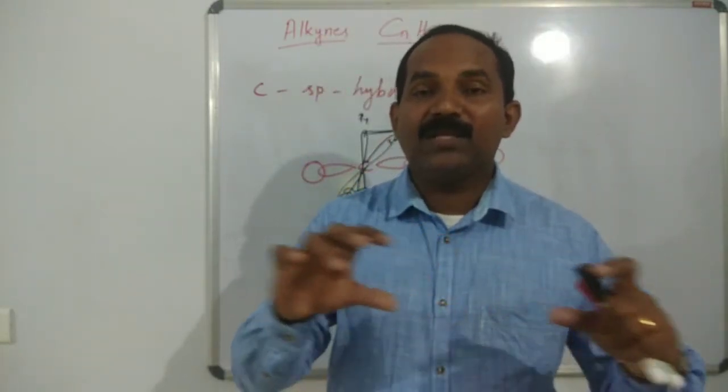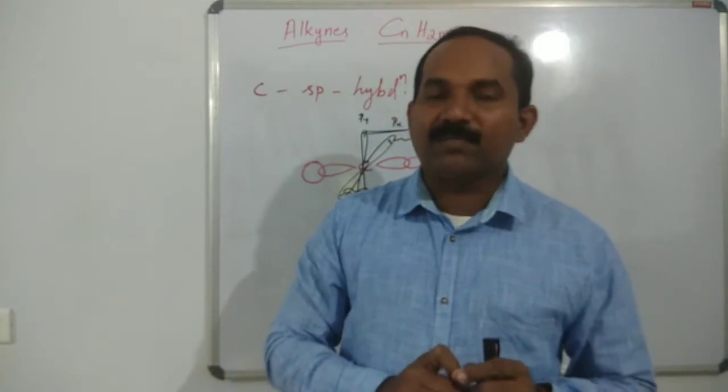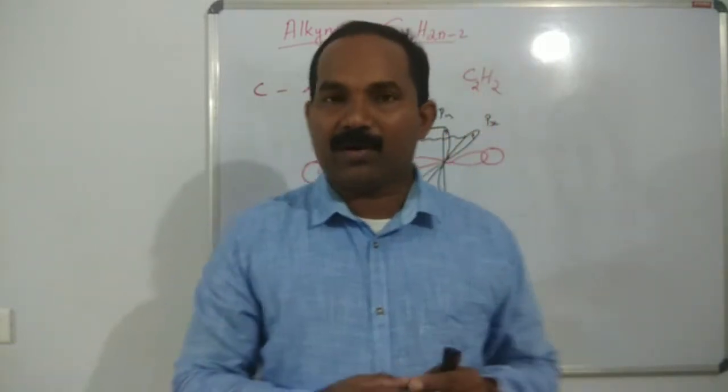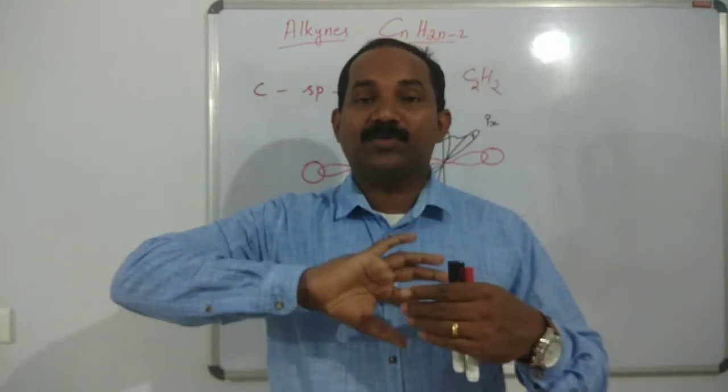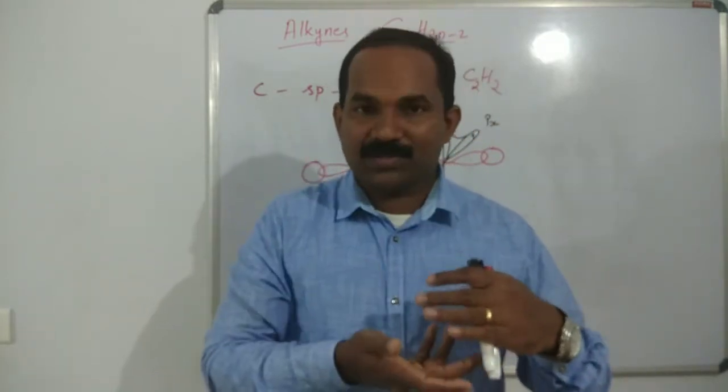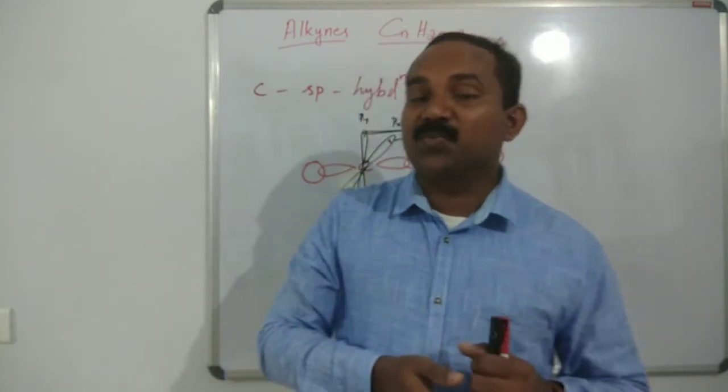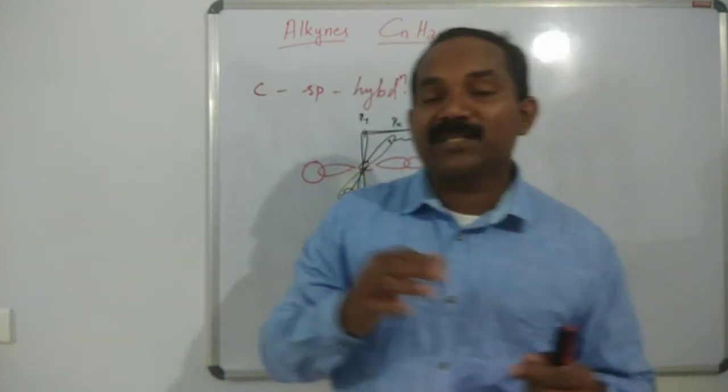It is linear. In some textbooks it is given as cylindrical because around the sigma bond two pi electron clouds are there.